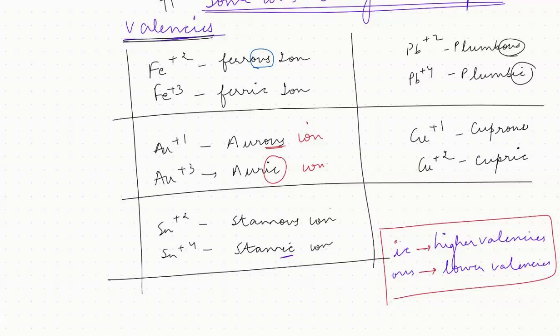So this would be ferrous and this would be ferric. Got the point? So these are certain positive ions that we are talking about.